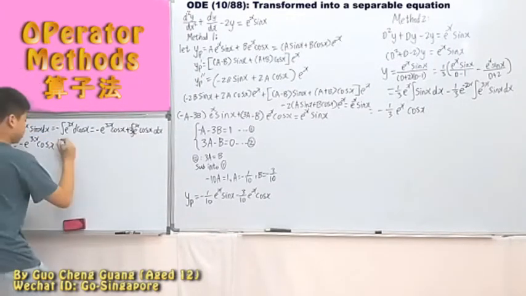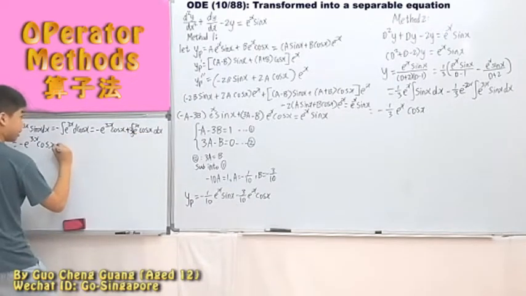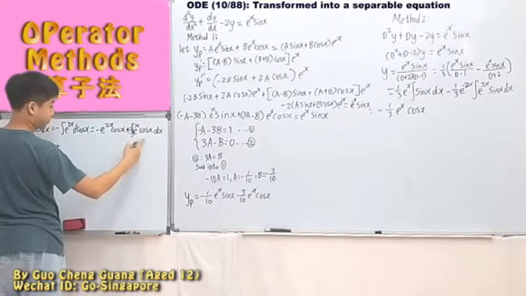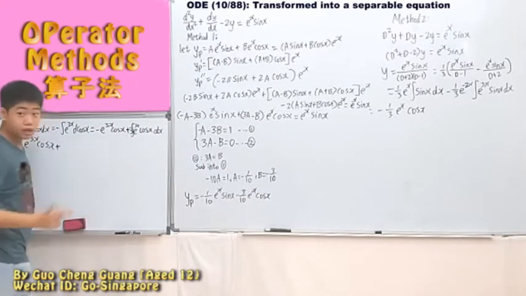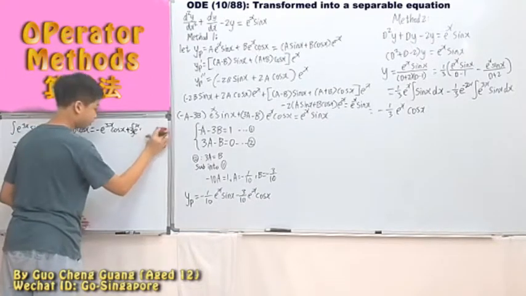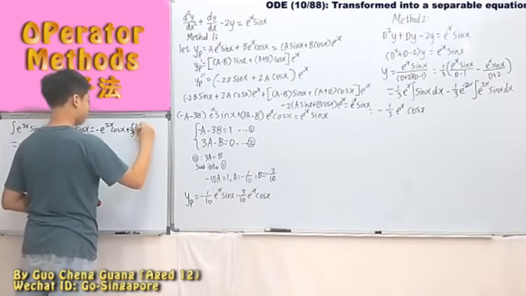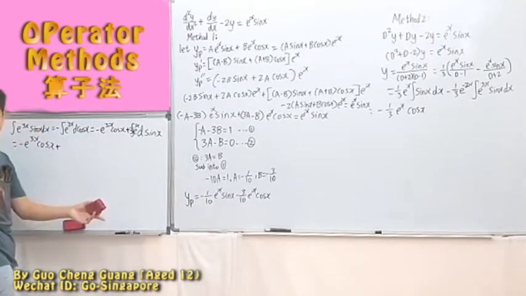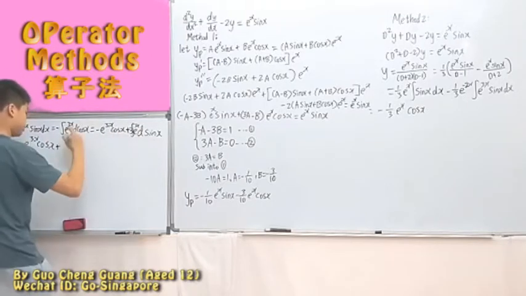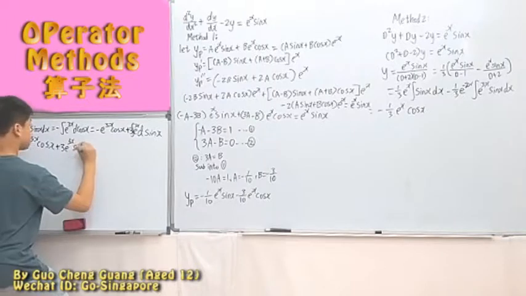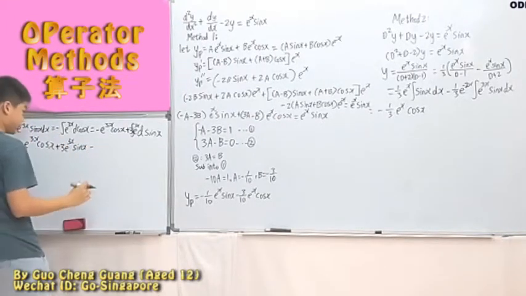Second part, add something. So for this part behind, you're going to use integrating factor one more time. At the same time, because it is cosine, it won't have any effect as it's just changing into a sine. So this part, integrating factors. So you get minus.